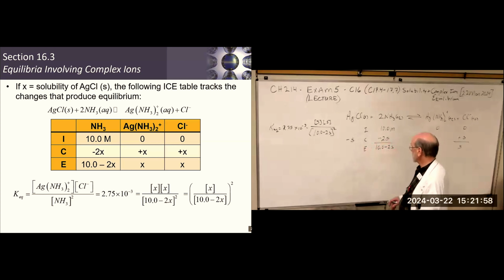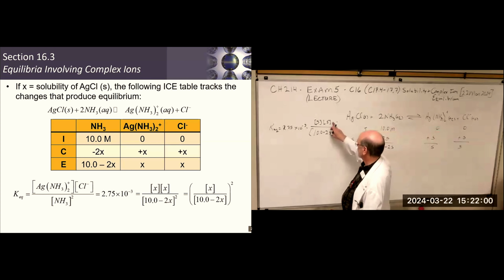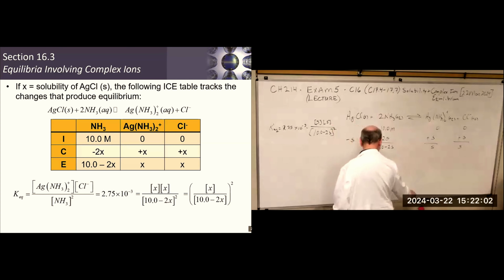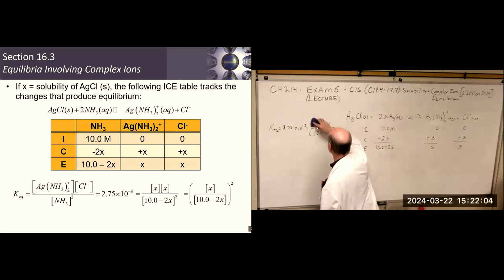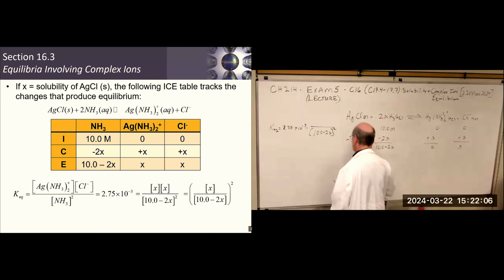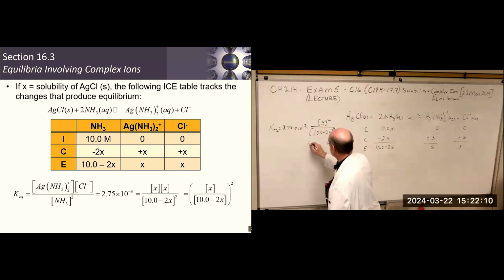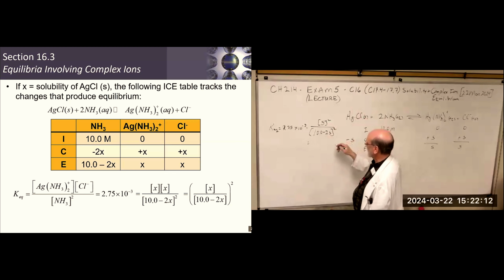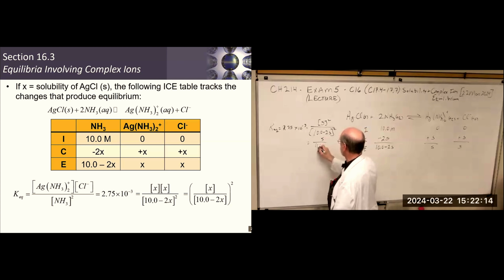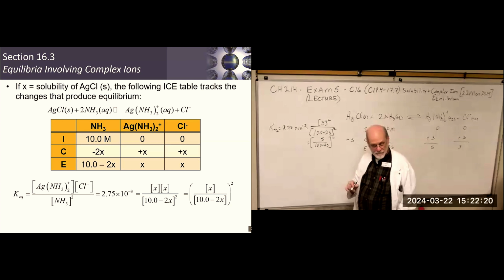Now, the nice thing about this is because this is S squared, right? S times S is S squared. We can factor out the square and we can say S over 10 minus 2S. The whole thing is squared. Okay?